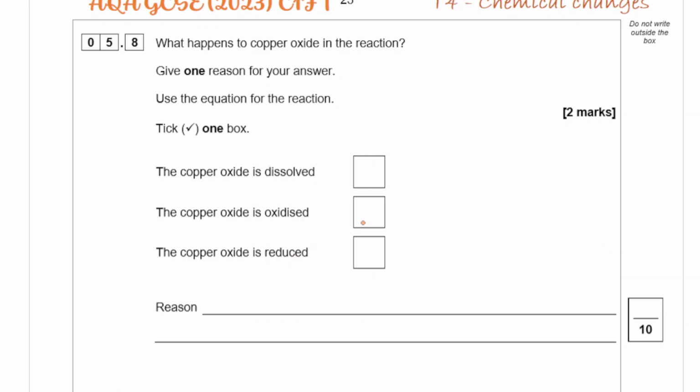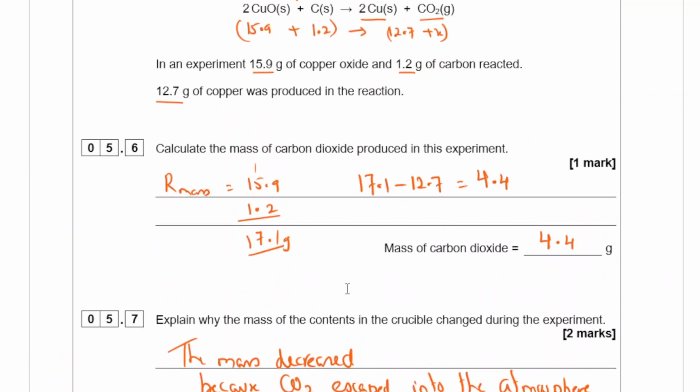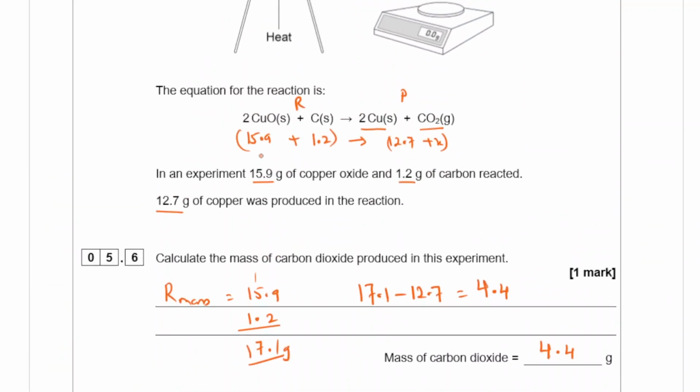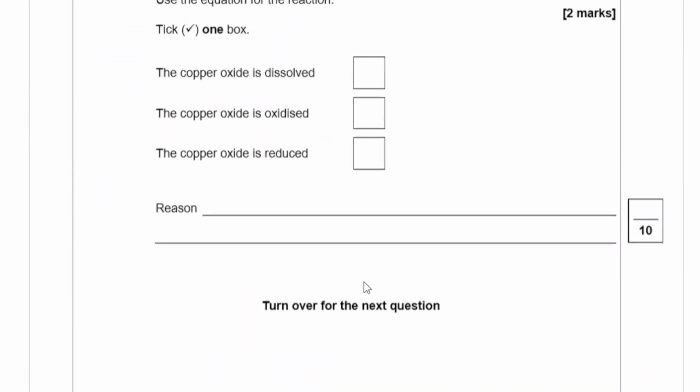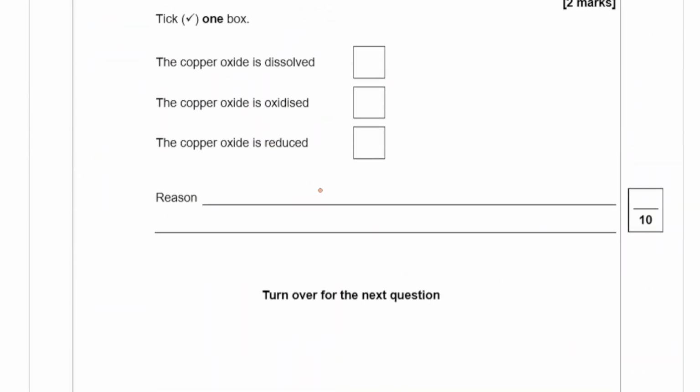What happens to the copper oxide in the reaction? Give one reason for your answer. Use the equation for the reaction. Copper, let's have a look at. Copper is actually losing this oxygen. So that means it is being reduced. Right?